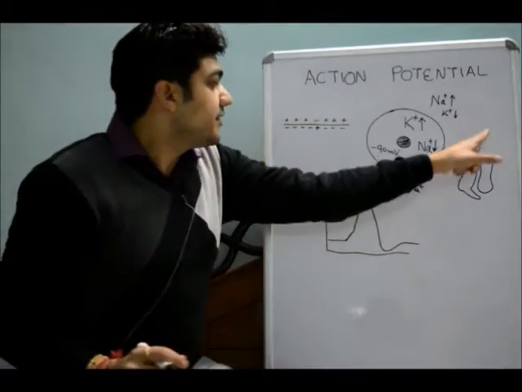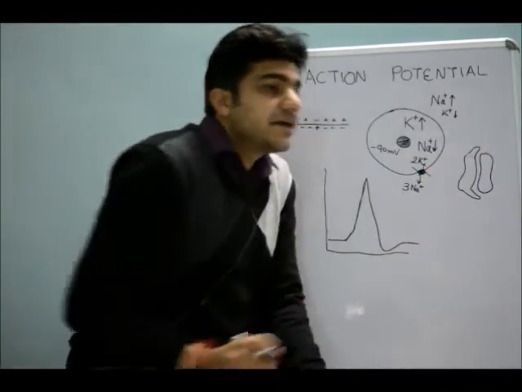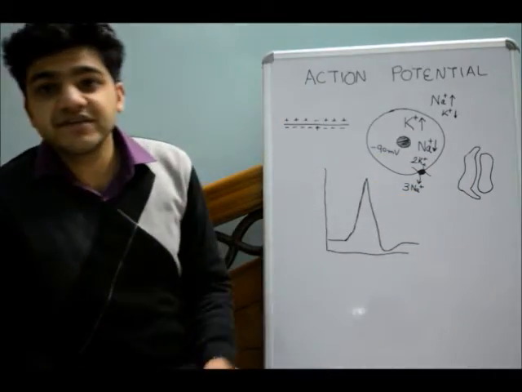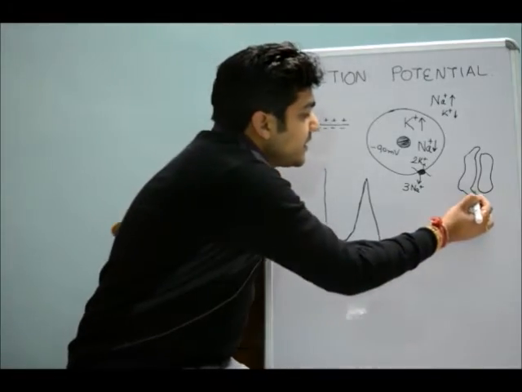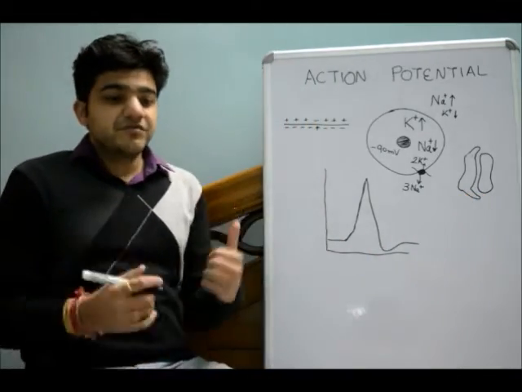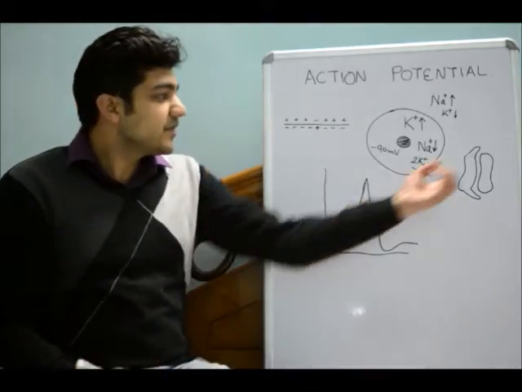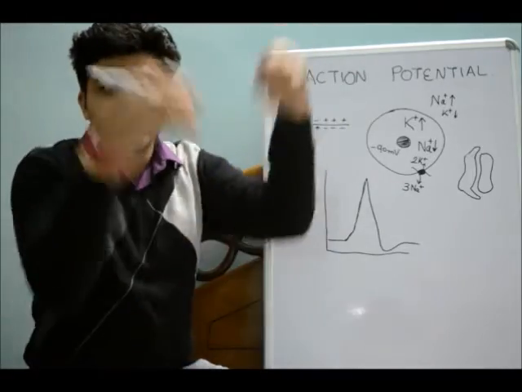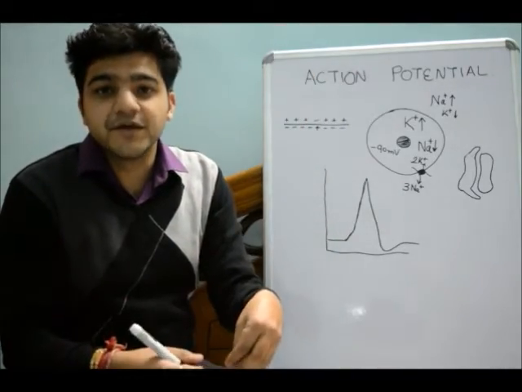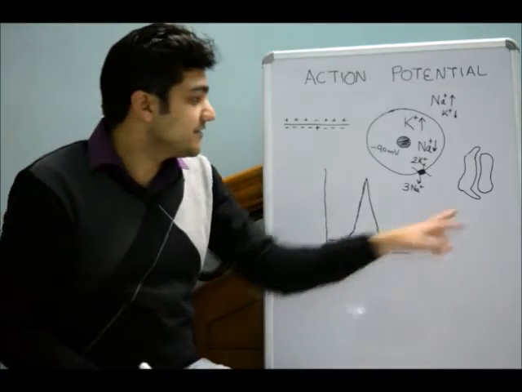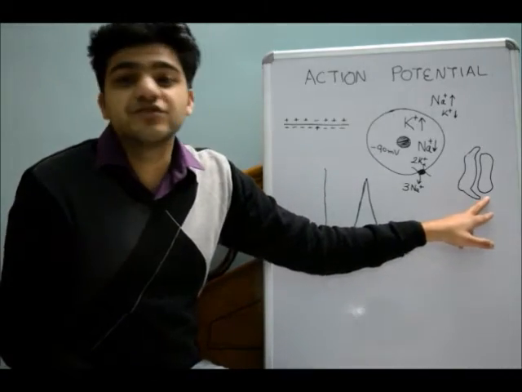Now the outside gate helps to throw it open, and the inside gate helps in the inactivation of this channel. So whenever a sodium channel is activated, the outer gate opens up and lets the sodium flow inside, and in a matter of a few milliseconds, the inactivation gate goes into closure.